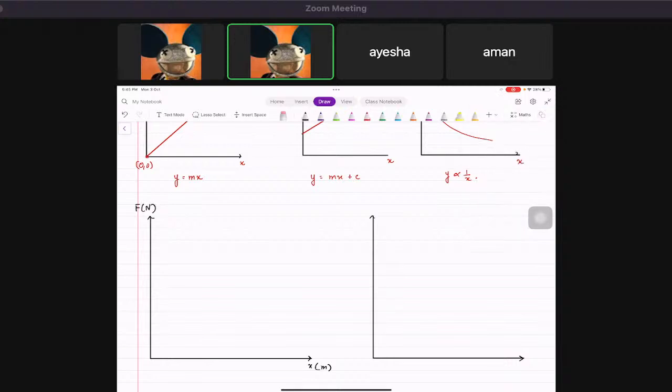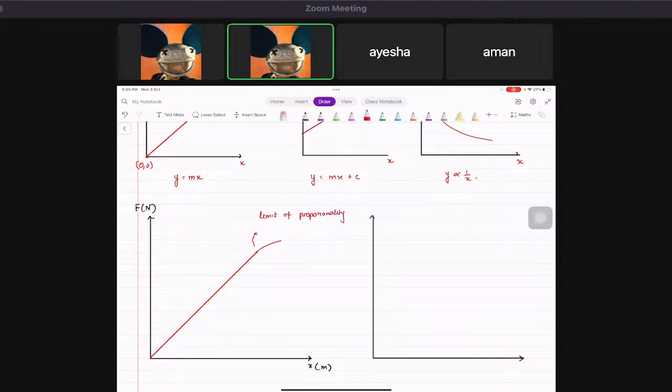It is going to start from the origin as it's directly proportional, but there will be a time when the graph is going to curve like this, and this point you see is basically the limit of proportionality.